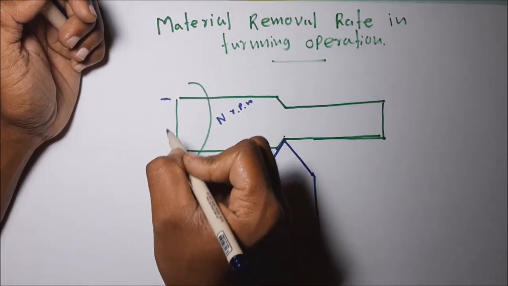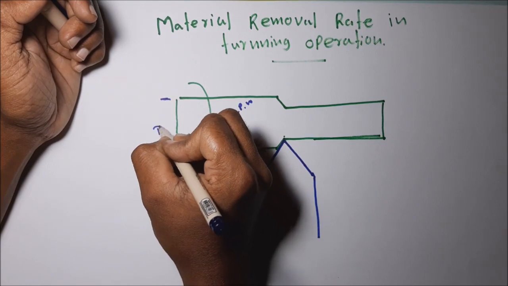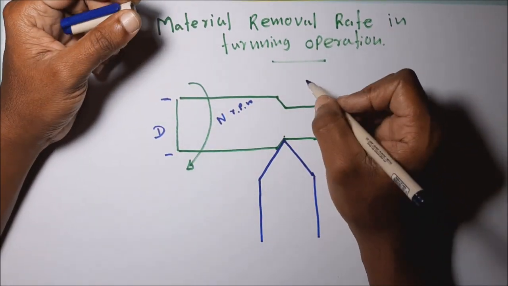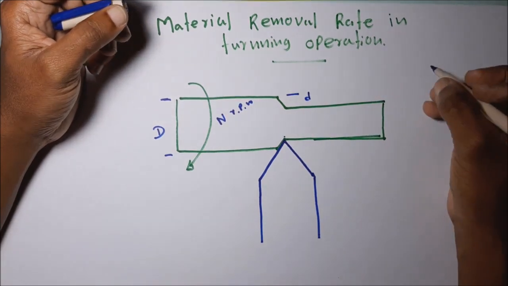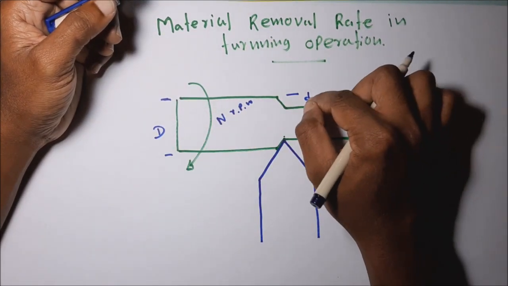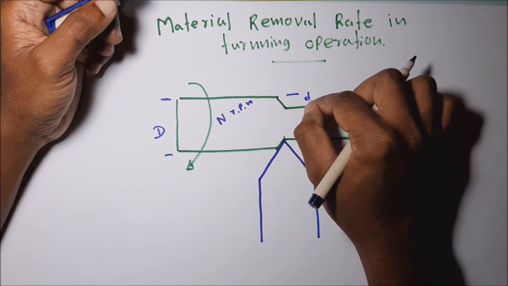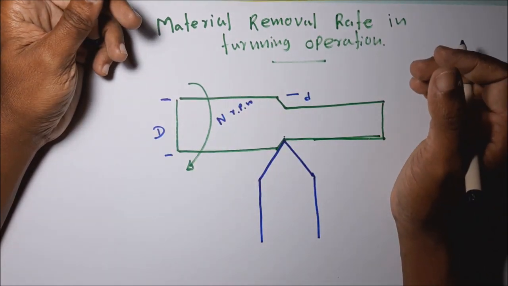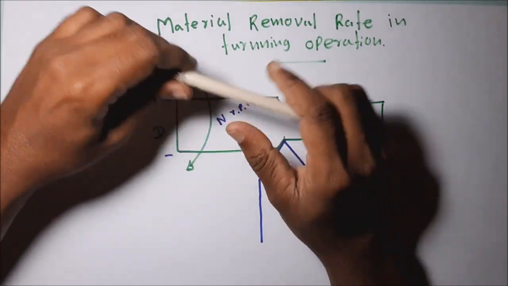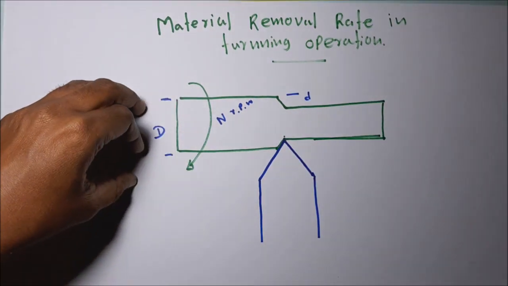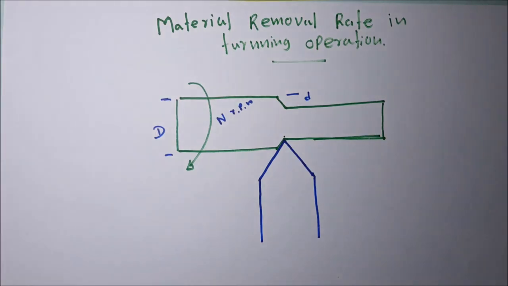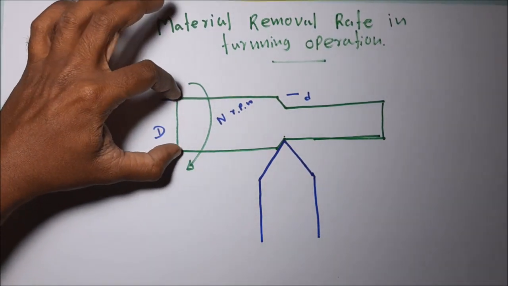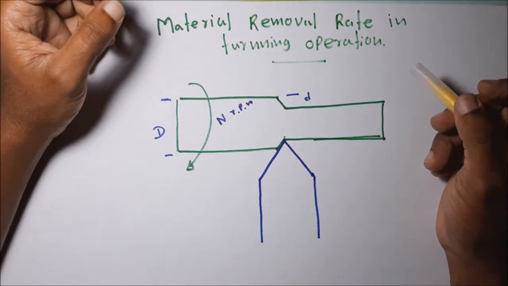Let's take the diameter as capital D, and the depth of cut as small d. This simple d is very small compared to the capital D. This is one of the assumptions for this calculation.